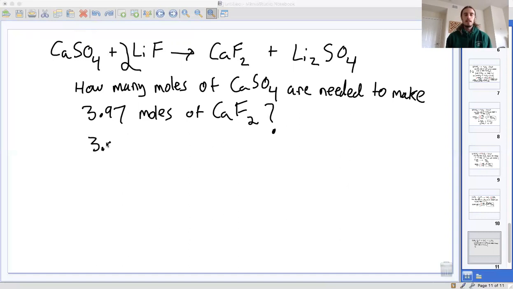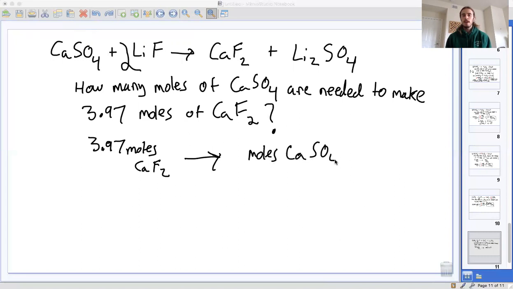We've got 3.97 moles of calcium fluoride, and we're trying to convert this to moles of calcium sulfate. And we know, based on the equation, that 1 mole of calcium sulfate plus 2 moles of lithium fluoride makes 1 mole of calcium fluoride plus 1 mole of lithium sulfate.